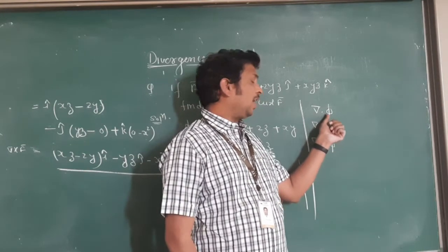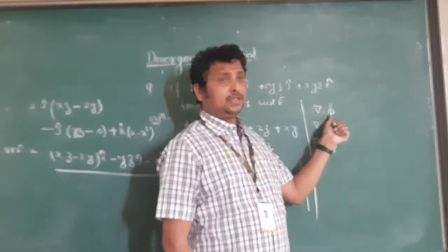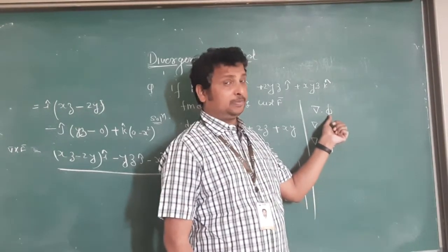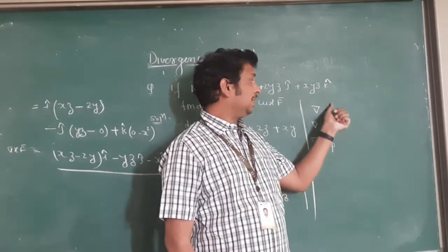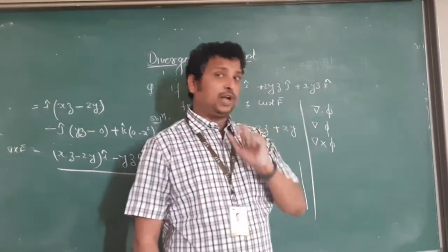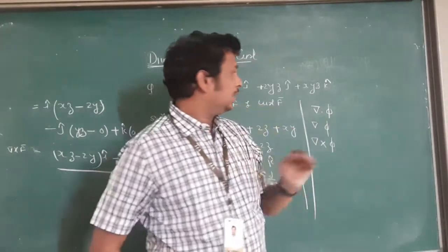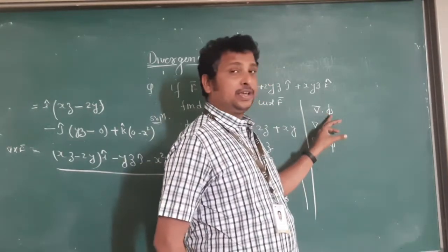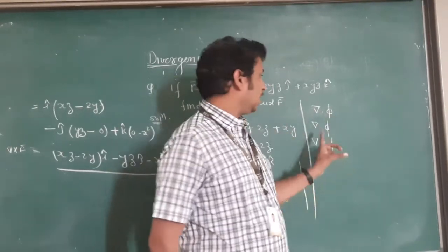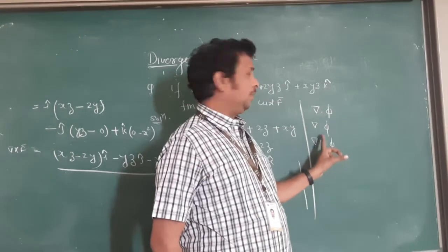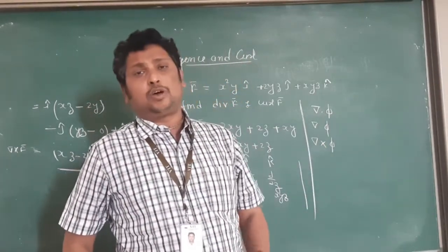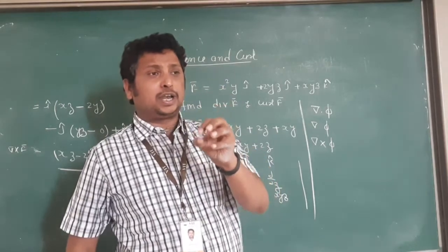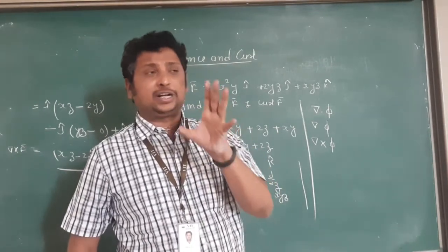If del dot phi, it means phi must be a vector, because it is called divergence. If phi is given as a vector, calculate del dot phi. If phi is given as a scalar, calculate del phi. And for del cross phi, it's very simple, you easily come to know.